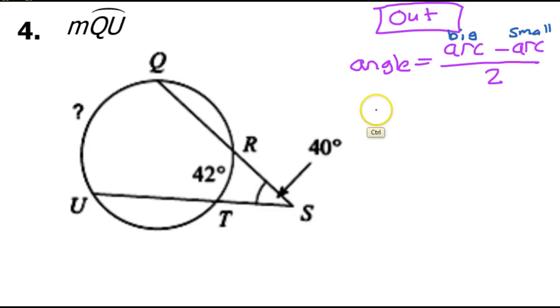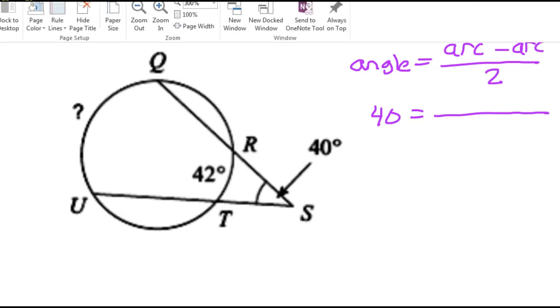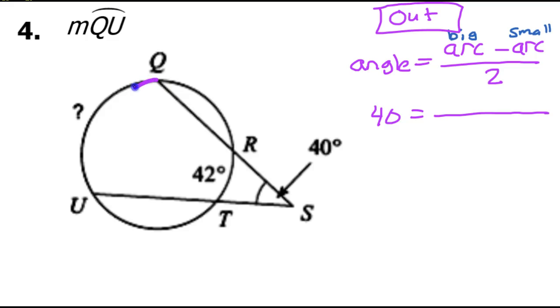The angle is 40. So that's why I'm going to put the 40 here in for the angle. All right, now the two arcs that we're dealing with are this one and this one. Okay, I'm going to call this X since this is what we're looking for. And this is the big arc, so I'm going to put that first. And then minus the small arc divided by 2.